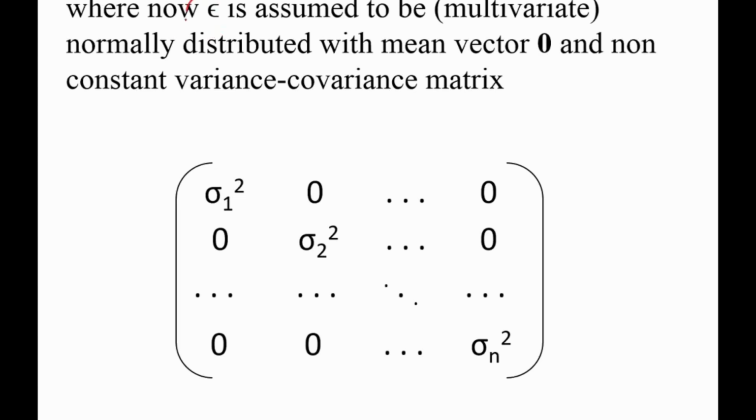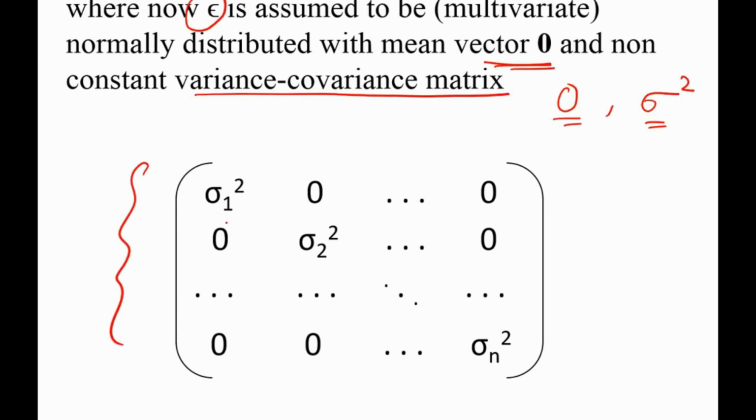Okay, we all know that epsilon is the error term, and it is assumed to have a multivariate normal distribution with a mean of 0 and a constant variance, right? Mean of 0 and variance is constant. Okay, now we have the variance covariance matrix with us, and this relates to all the observations in your data set.